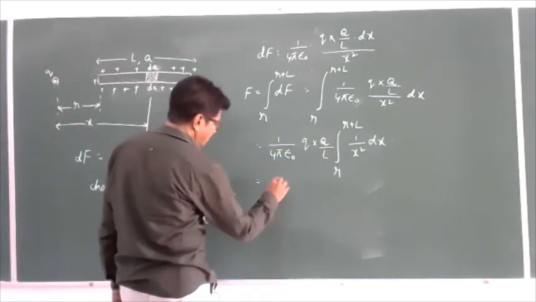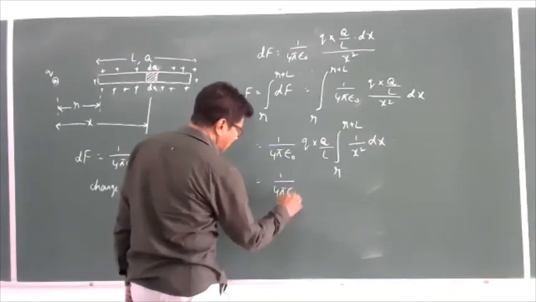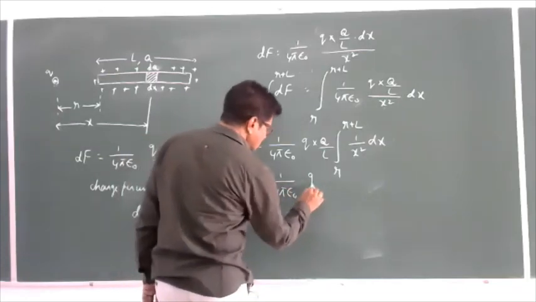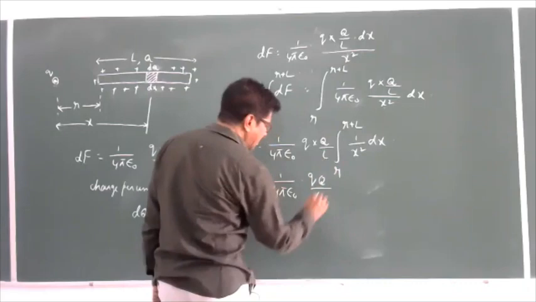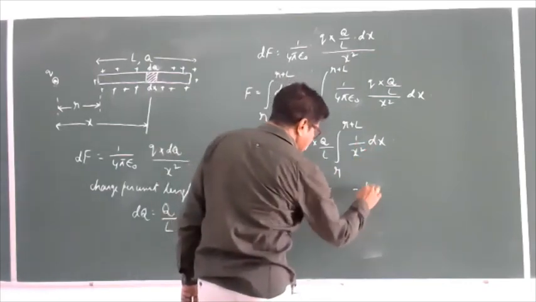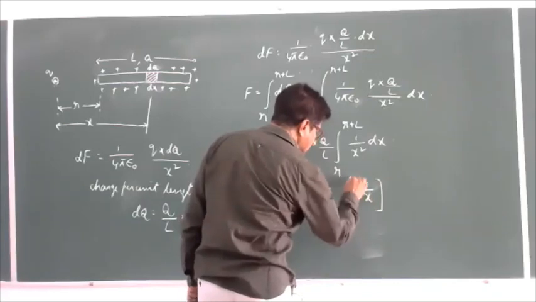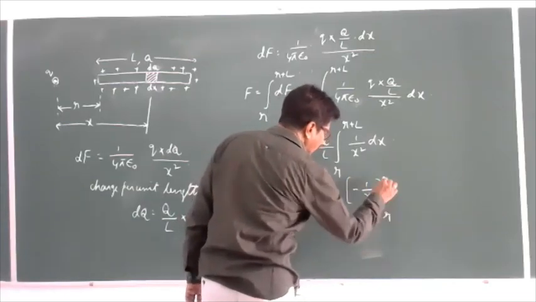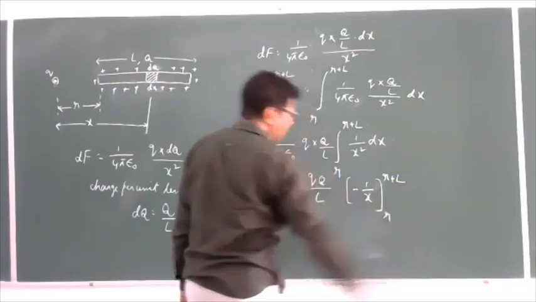So this will be 1 by 4 pi epsilon naught Q by L times minus 1 by x, from r to r plus L.